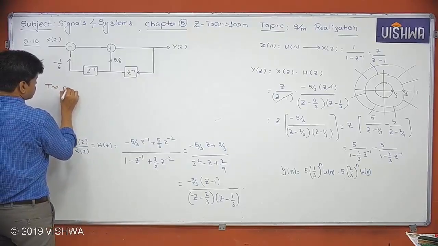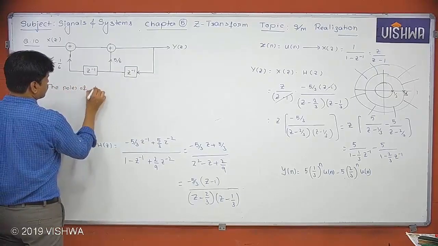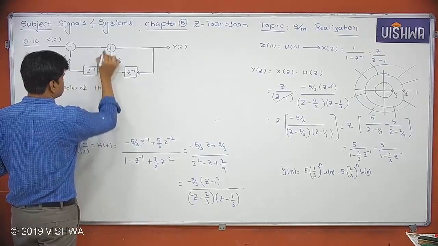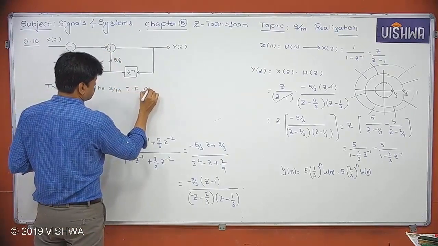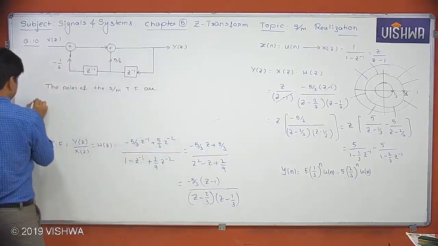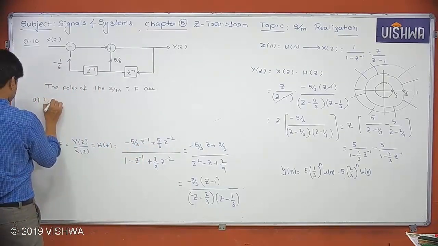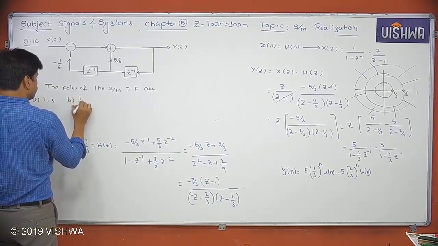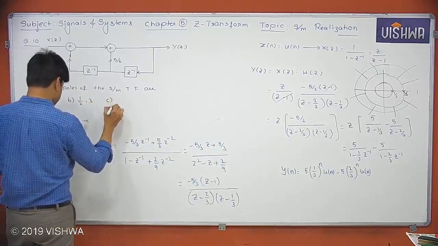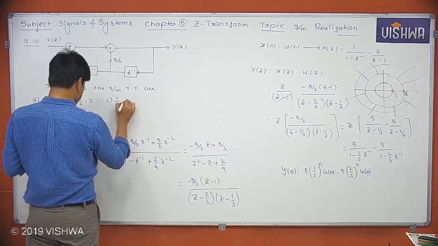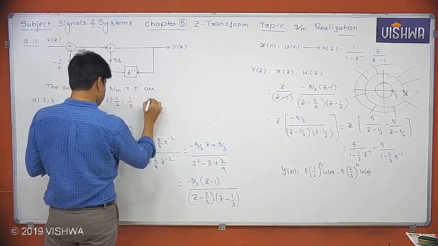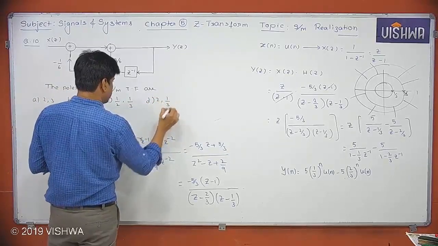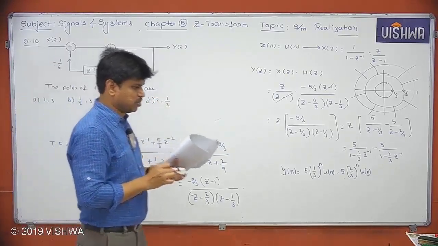The poles of the system transfer function are: option 1) 2, 3; 2) 1 by 2, 1 by 3; and so on.